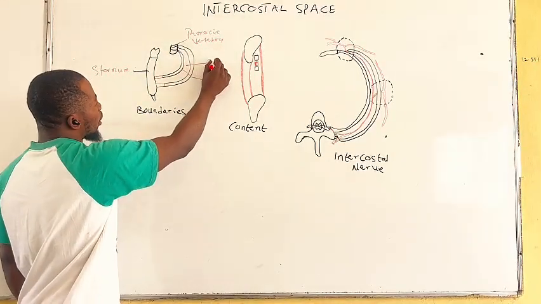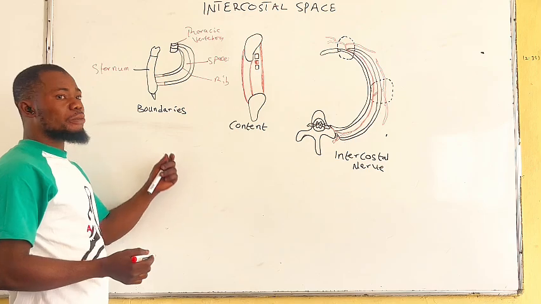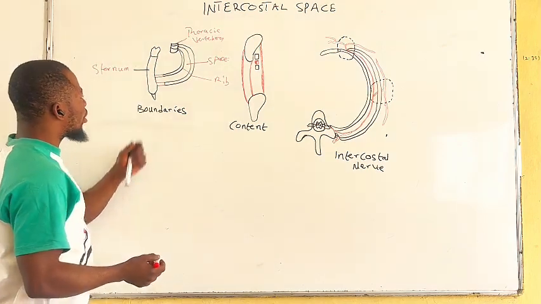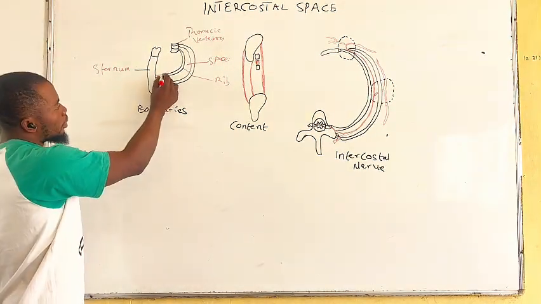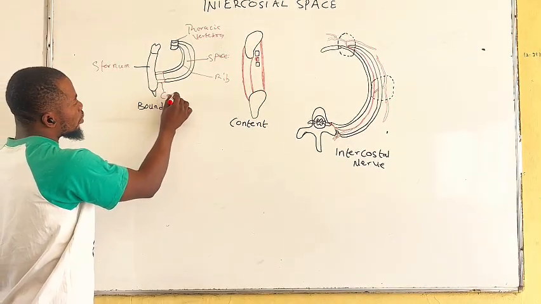So this space here is our intercostal space, and it is bounded anteriorly by the costal cartilage of the sternum. This is the costal cartilage.